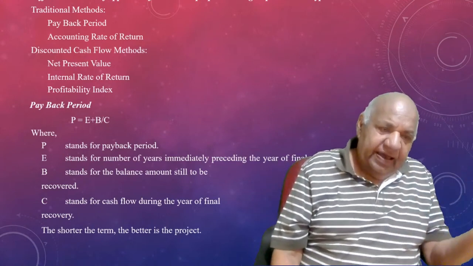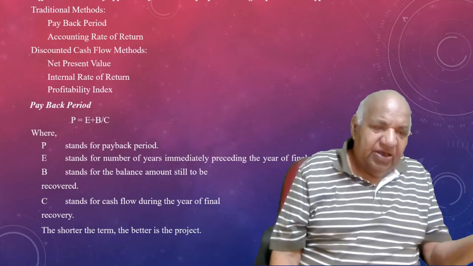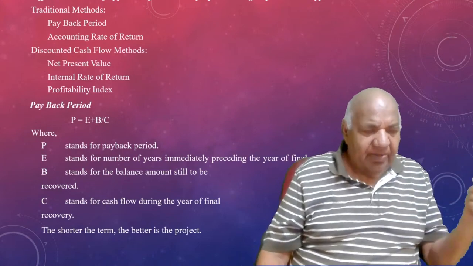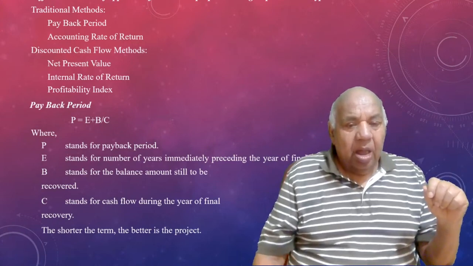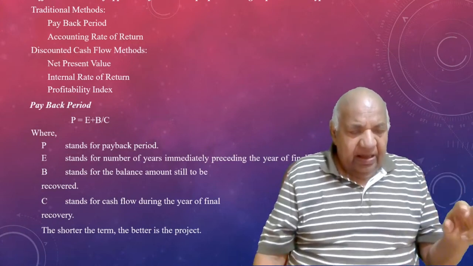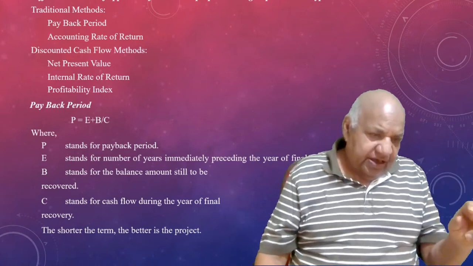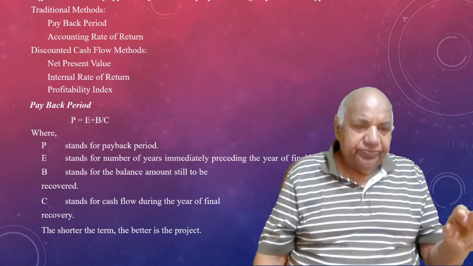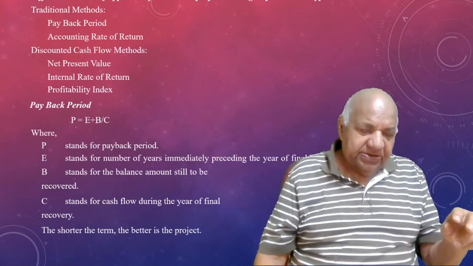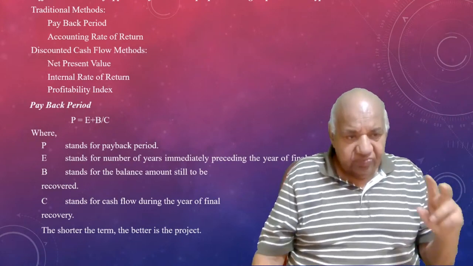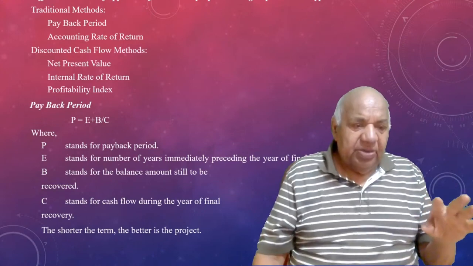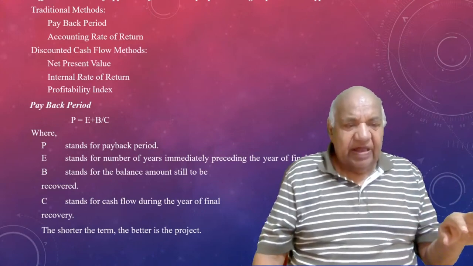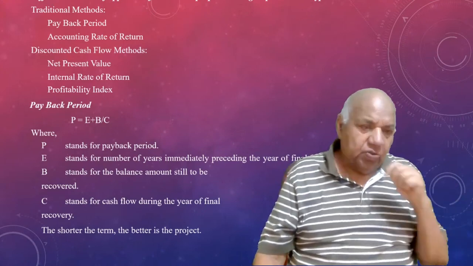suppose in a machine the investment is rupees 5 lakh. The recovery in the first year is 2 lakh. In the second year it is 1 lakh. In the third year it is 1 lakh 50,000. Means in 3 years the recovery has been 4 lakh 50,000.